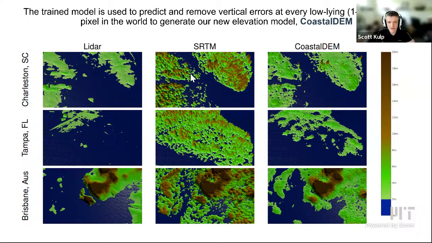Instead of these little mountains caused by the buildings, they're all flattened out. It's not perfect, right? CoastalDEM is still underestimating a little bit, but much better than SRTM.